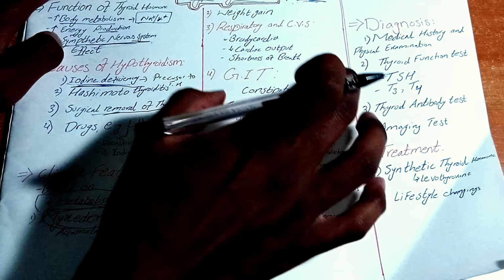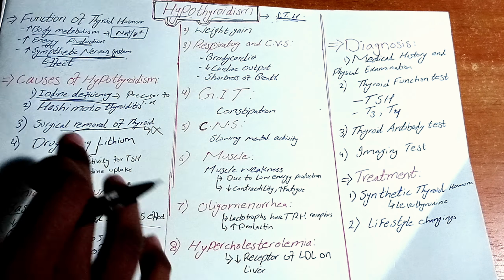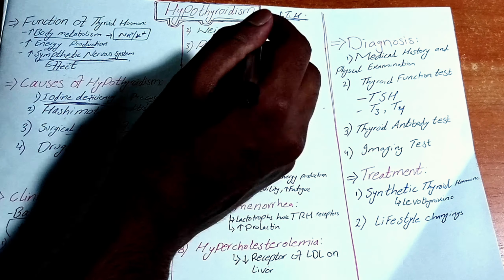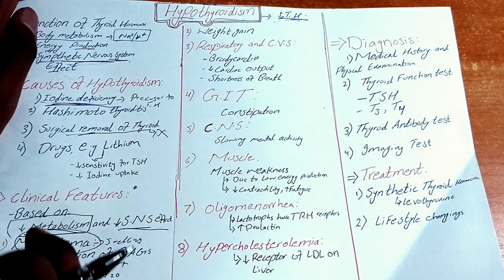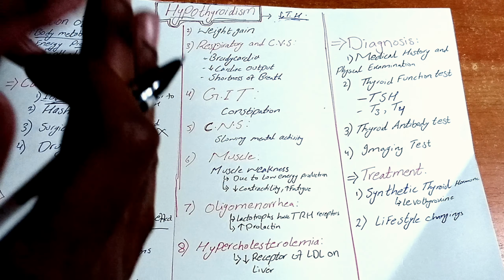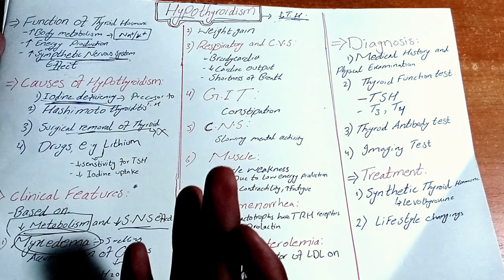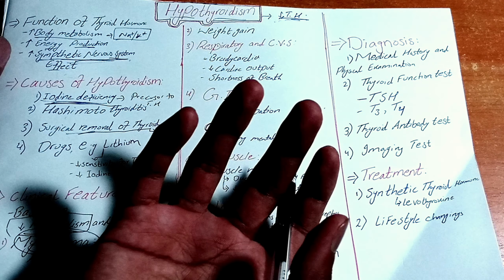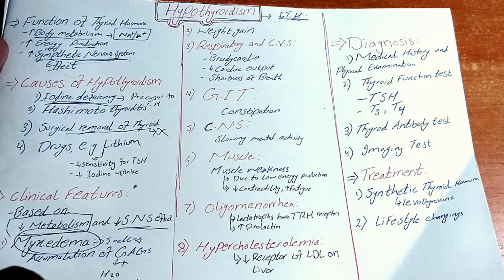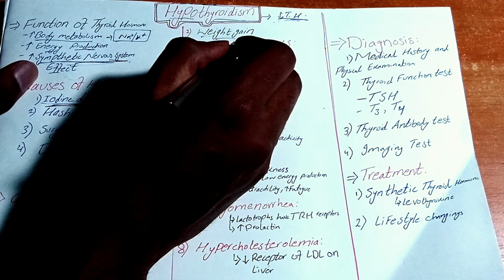The second most common clinical feature is that the patient presents with weight gain due to decreased metabolism, decreased breakdown of fats and decreased breakdown of proteins, which leads to their increased accumulation in the body, and this comes out as weight gain.